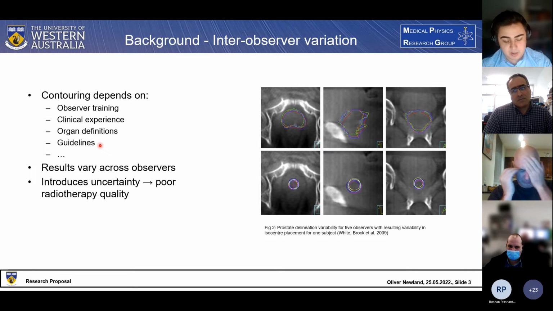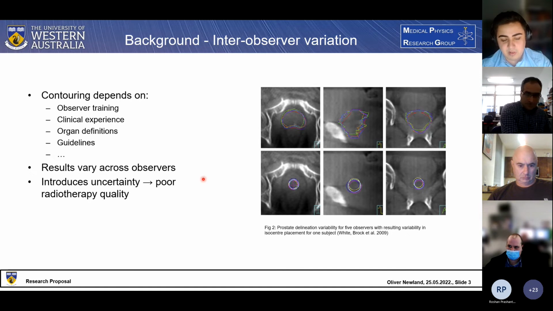So naturally, the results are going to vary across observers. To the right here, we see there's some clear variation in prostate delineation. So this introduces a large source of uncertainty, which has been shown to negatively affect radiotherapy patient outcomes.